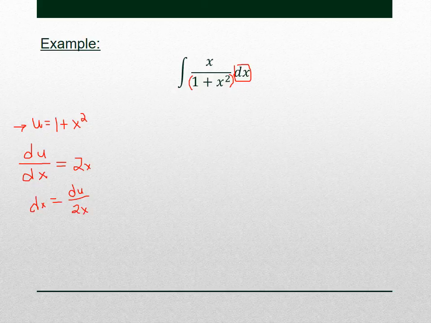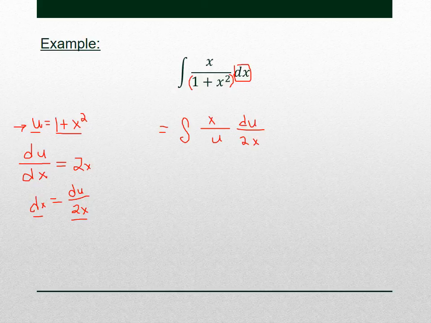And so we're going to substitute in u for the 1 plus x squared, and du over 2x for dx. When you do that, you get the integral of x stays, over u, and then instead of a dx, you get du over 2x.